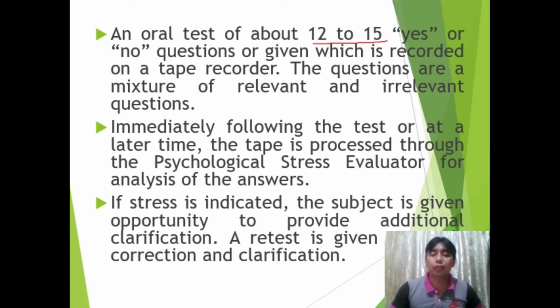Every test is also given correction and clarification. So the procedure here is that the subject will be asked 12 to 15 questions, and the voice will be recorded, and then they will let the machine, the PSE, hear it.